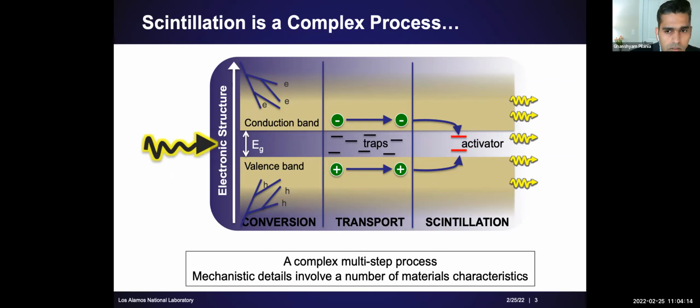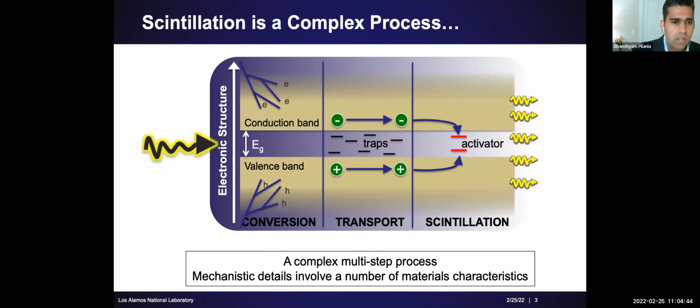It starts with radiation interacting with the material that results in a collision cascade, formation of a lot of hot charge carriers, electrons and holes. These then multiply via impact ionization and quickly settle down to valence and conduction band edges as a part of the thermalization process, and then eventually are transported to an activator site, on their way getting trapped at various defect sites.